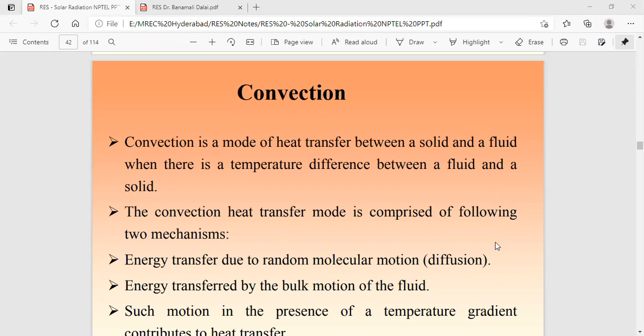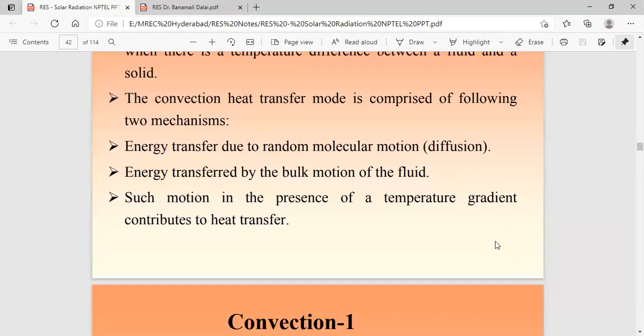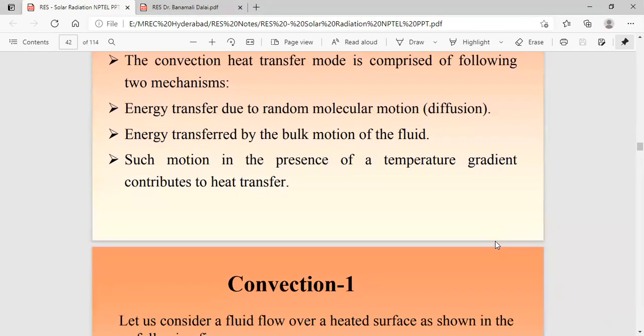The energy transfer due to random molecular motion, that is diffusion. Energy transferred by the bulk motion of a fluid. Such motion in the presence of a temperature gradient contributes to heat transfer.